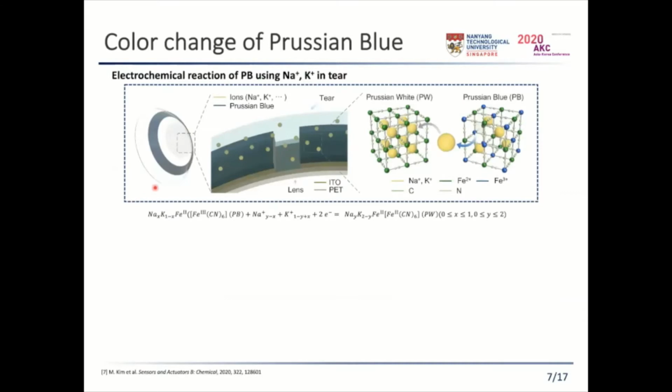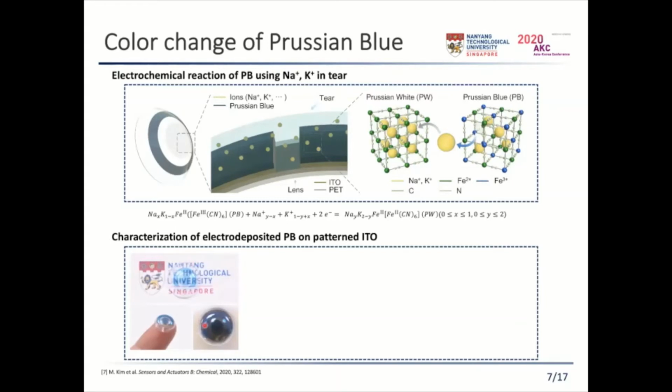On the surface of the contact lens, a thin film of Prussian Blue was electrodeposited on ITO and has an electrochemical reaction with sodium and potassium ions in tear. Then Prussian Blue is reduced to Prussian White, which is transparent, and returned to Prussian Blue in oxidation reaction.